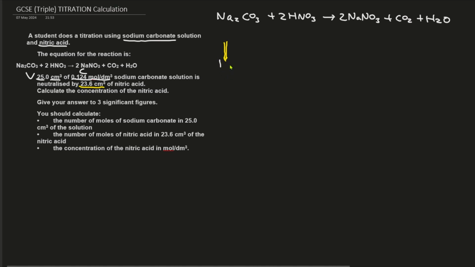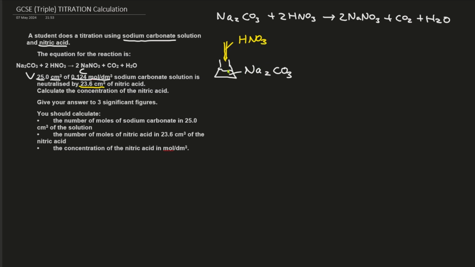Inside your conical flask, you have your volume of base. So in this case, we have Na2CO3. And in this burette, which is going to be titrated with the base, we have our HNO3.